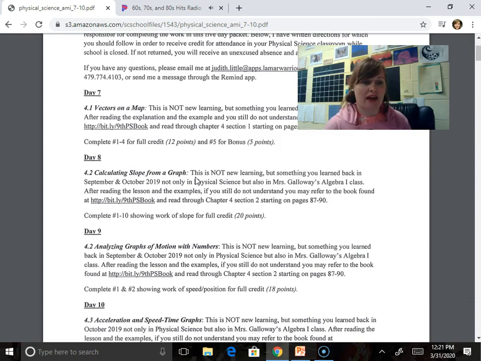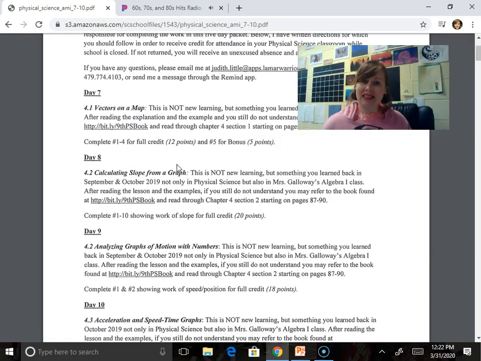They need to know how to find vectors. They need to know how to find slope. They need to look at a graph and say, what's the independent variable? What's the dependent variable? What is happening here with my slope? Am I having a positive or a negative correlation? They need to know those kinds of things.